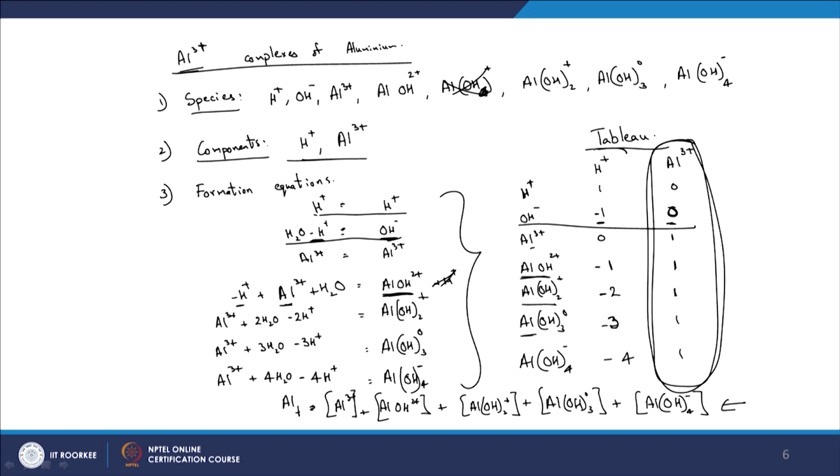Similarly now we are going to have H total. So H total, what is that equal to?